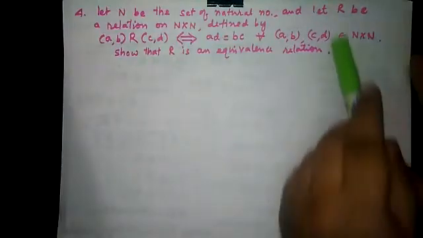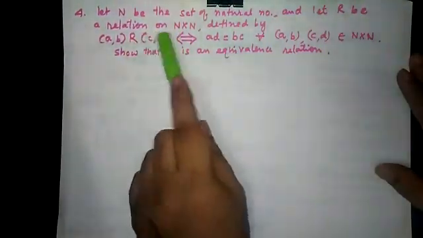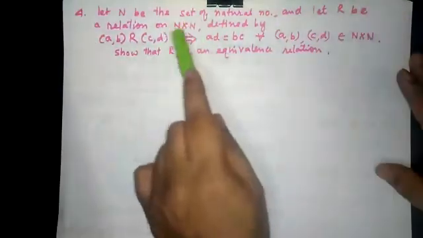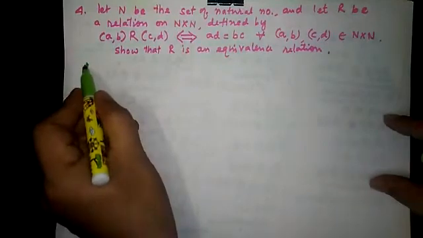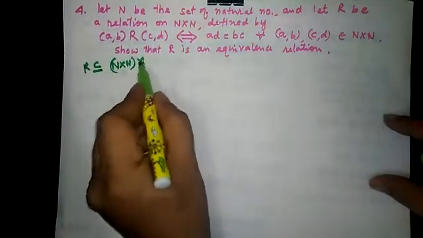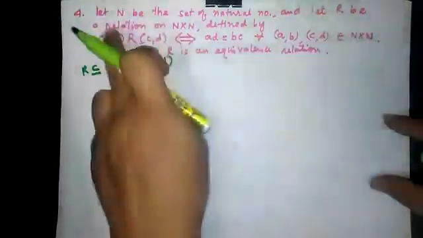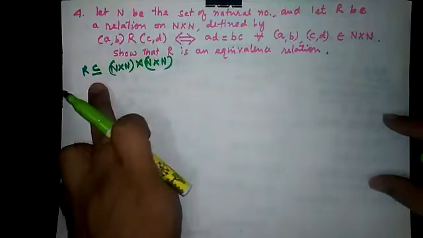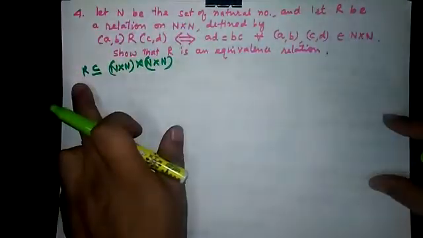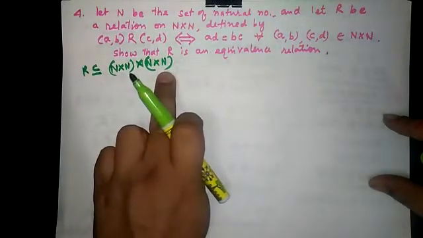But this time, instead of defining the relation on the set of natural numbers N, it is defined on N cross N, meaning your R will be a subset of N cross N cross N cross N. Because if R is a relation defined on A, then we say R is a subset of A cross A. So if R is a relation defined on N cross N, then R will be a subset of N cross N cross N cross N.